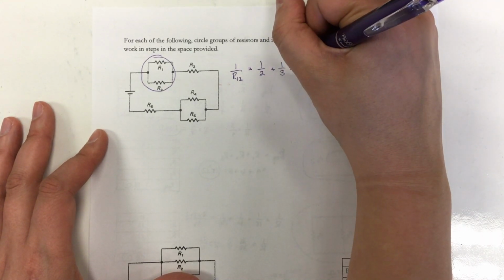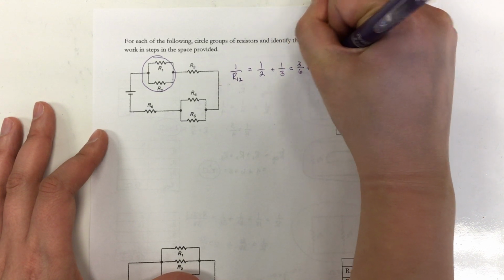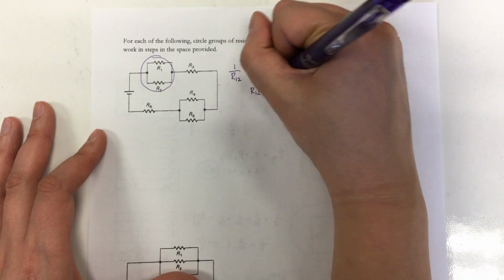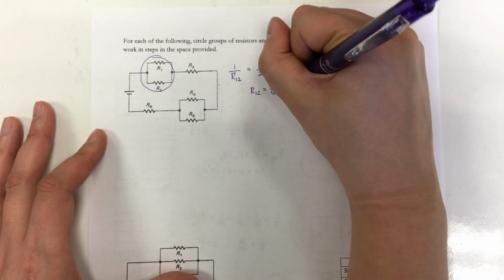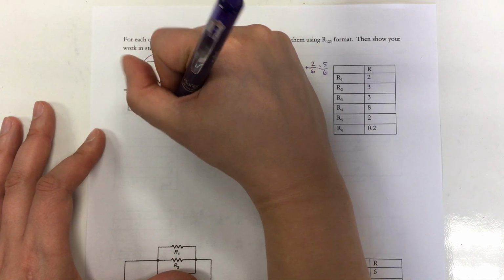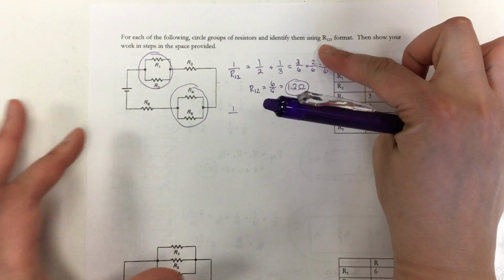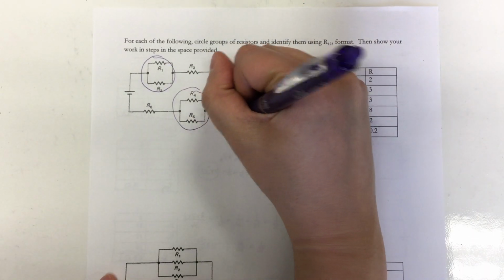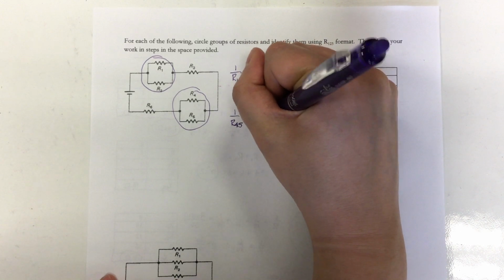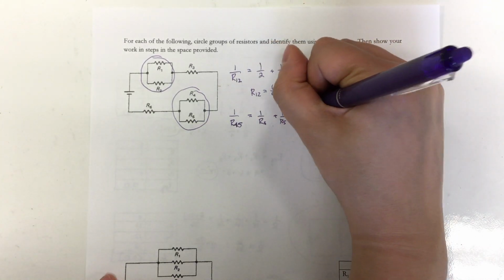Ooh, math in my head here. That is 3/6 plus 2/6, or 5/6. R12 is equal to 6/5, or 1.2 ohms. R4 and R5. I'm going to use that subscript format. That's 1/R45 is equal to 1/R4 plus 1/R5, or in this case, that's 1/8 plus 1/2.